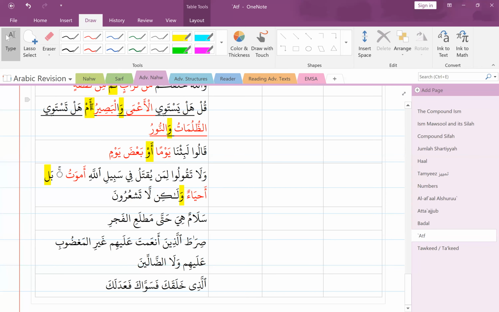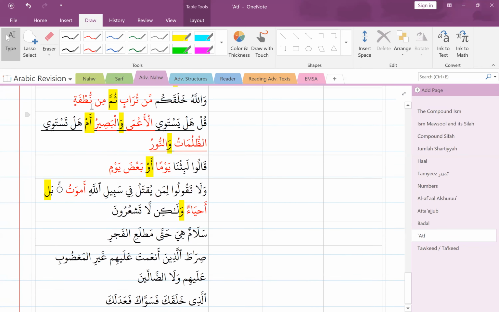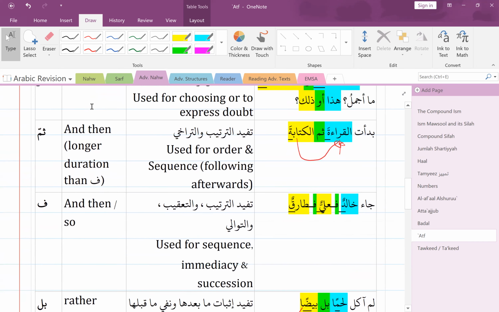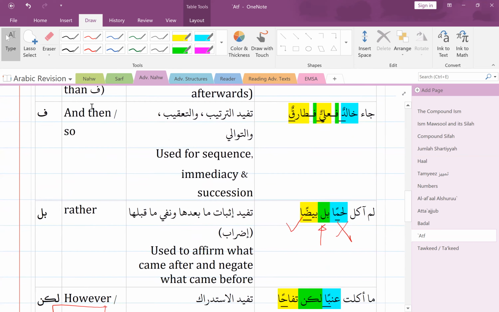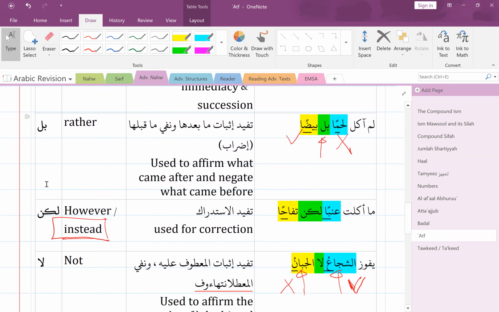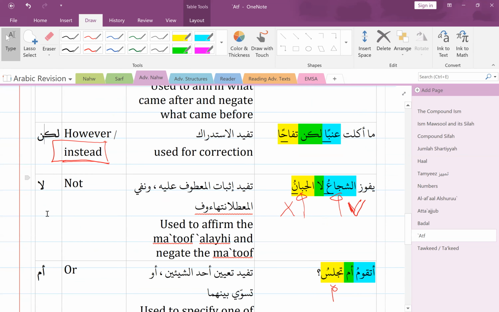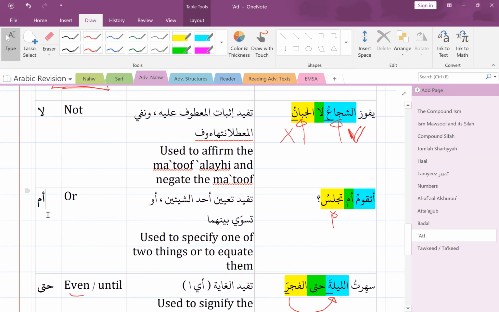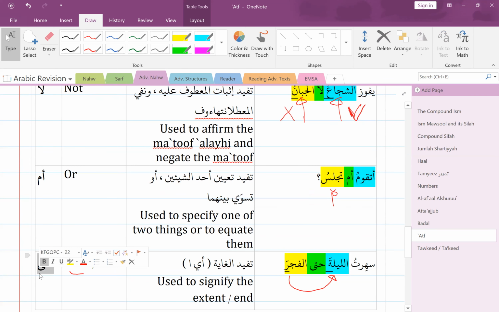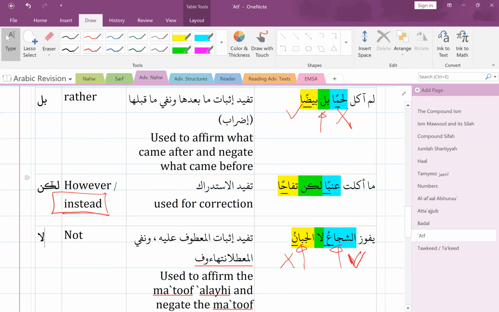Maybe I should make that clearer. Bal, lakin, la, and hatta are different. This one has to be ism mufrad.